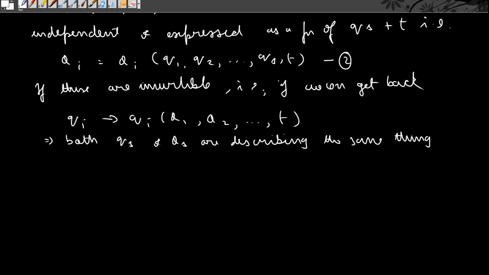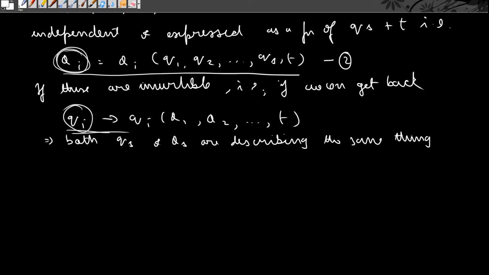Okay, so in general, a transformation of this kind, if it is such that all the qi's are independent and we can invert these transformations to get our qi back, then we can say that these new qi's in a way have the same information which was contained in our old coordinates, but they show it to us in a different manner.